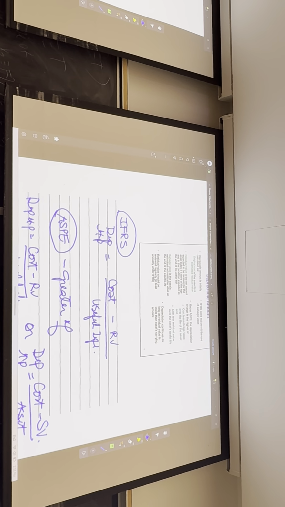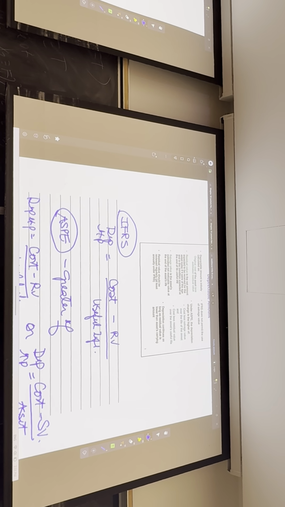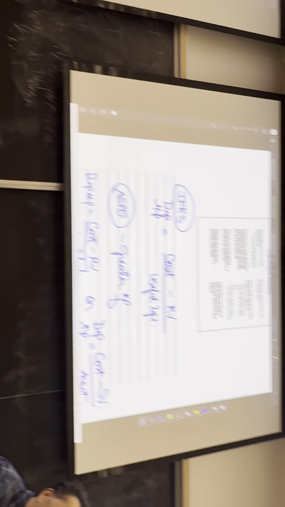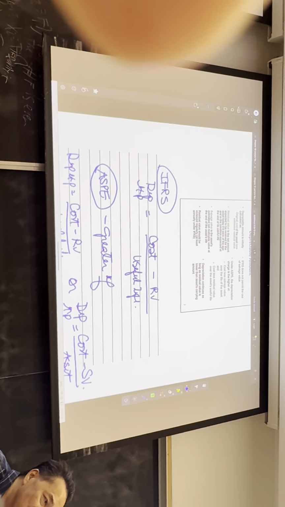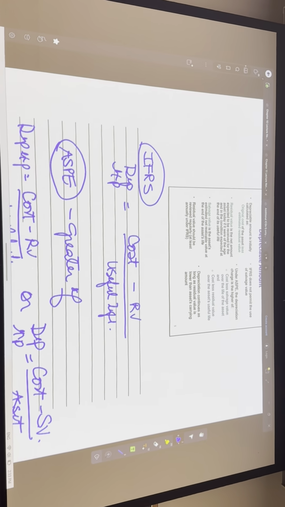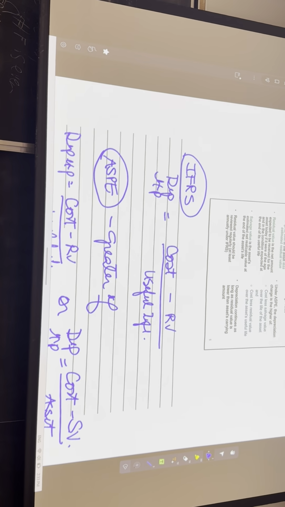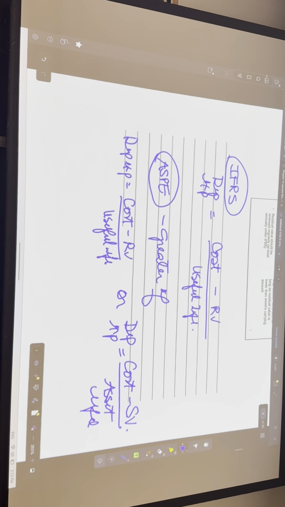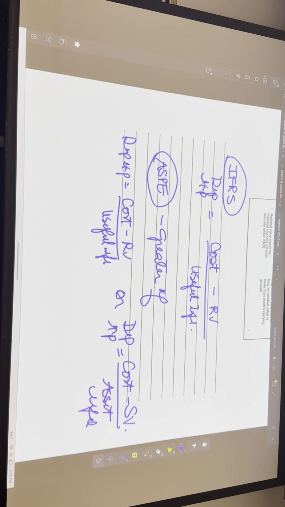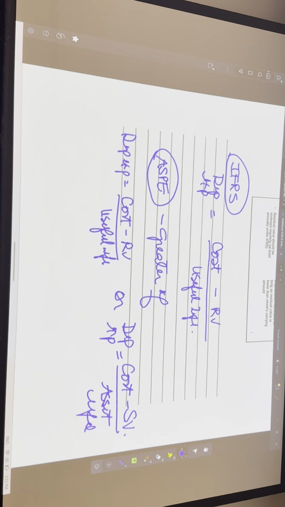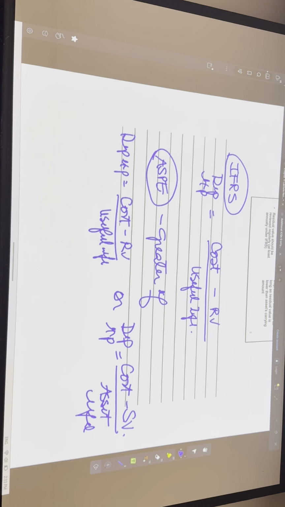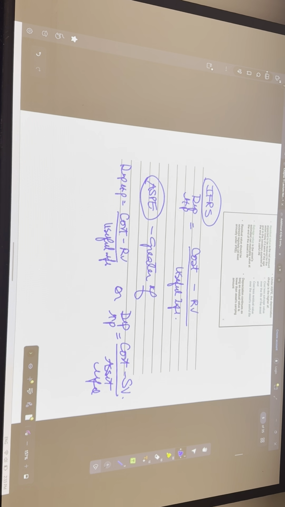Asset life is where the asset is at its last leg, that we're driving it to some sort of junkyard, and we're only going to sell it for parts. And the salvage value is what we can get for it at the end. Normally, it's like the parts of the car. So that's how you calculate depreciation. All right?